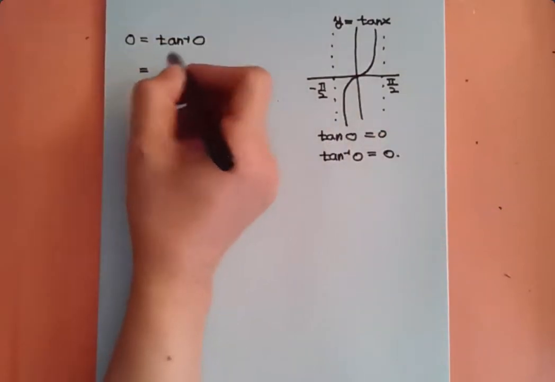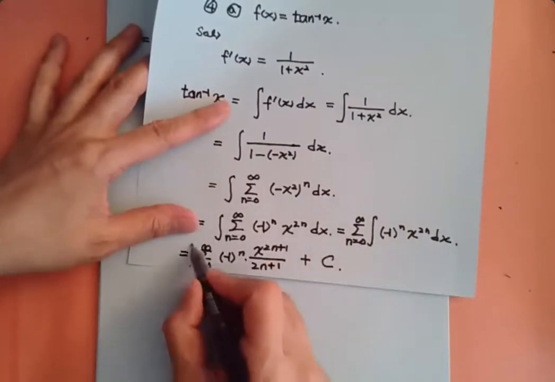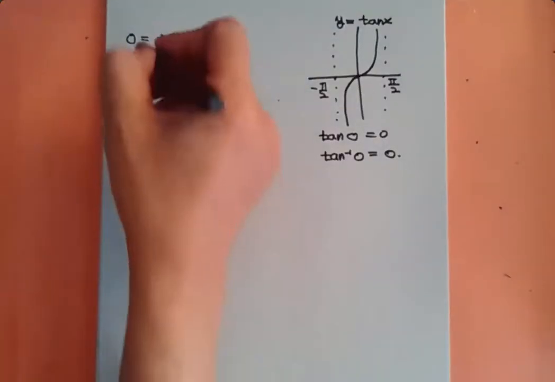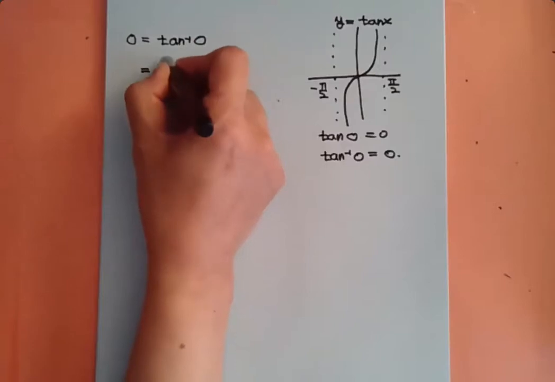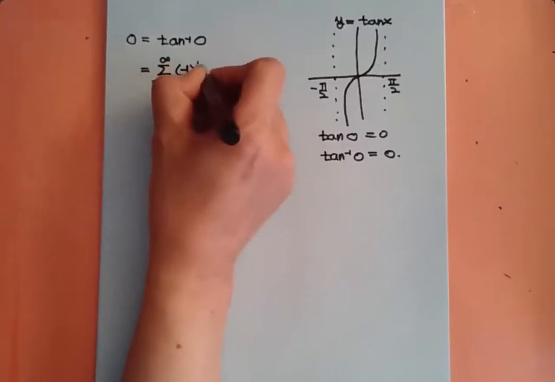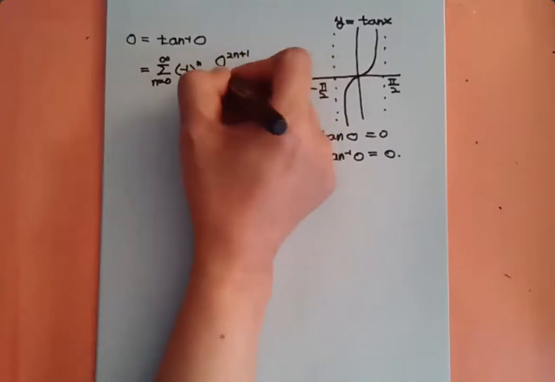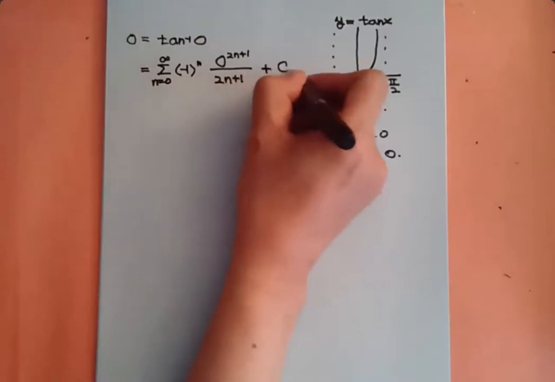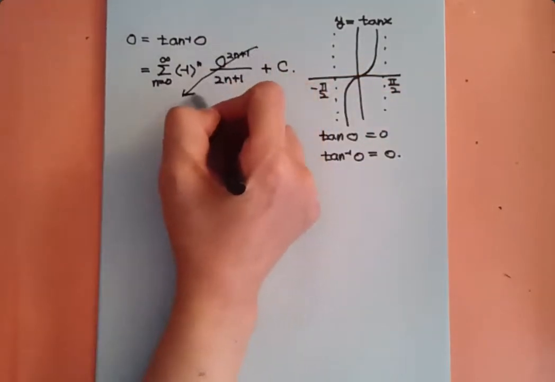And then we think about this part. So that becomes the summation n equals 0 to infinity of negative 1 to the n power times 0 to the 2n plus 1 over 2n plus 1, plus c. So that means this part will vanish.